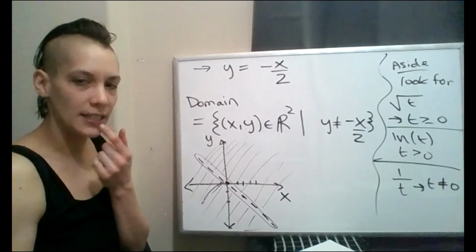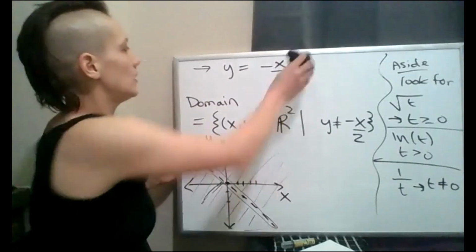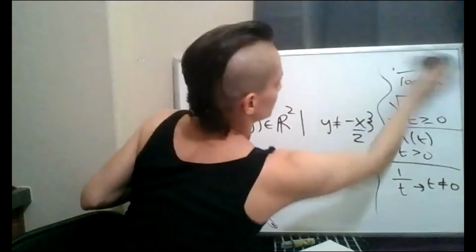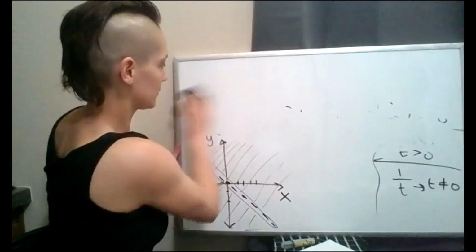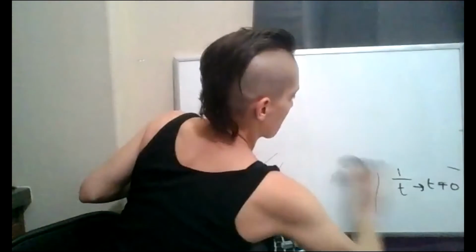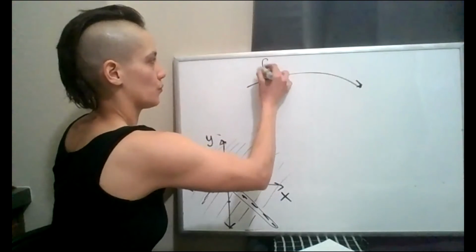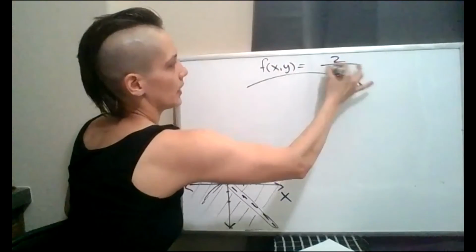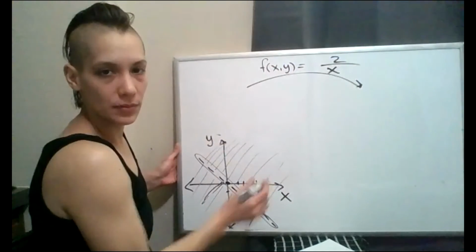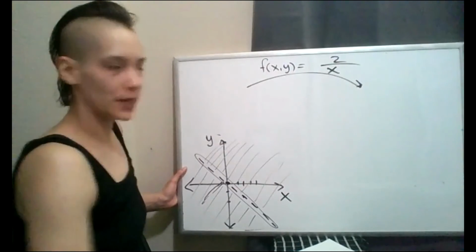Okay, let's try to get the range and call it good. It was 2 over x, plus 2y. I think it was plus 2y.